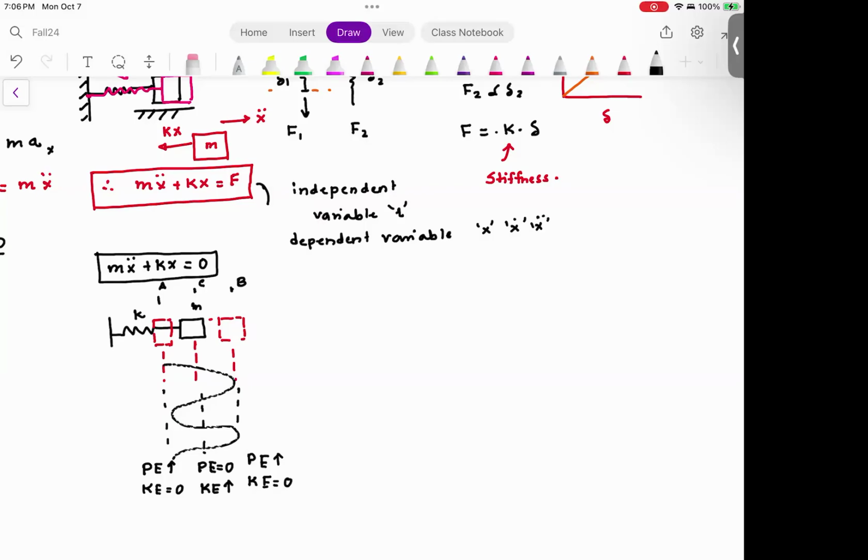If you look at the Hamiltonian principle, if you look at the Lagrangian principles, all these principles or variational techniques are energy methods. And energy methods are beautiful because energy is a scalar quantity. You don't have to worry about the direction of forces. You don't have to worry about the displacement.